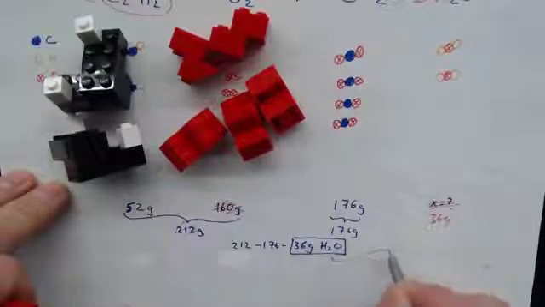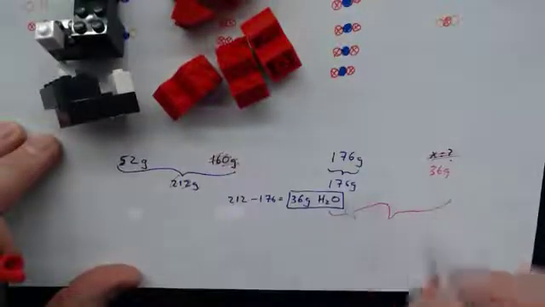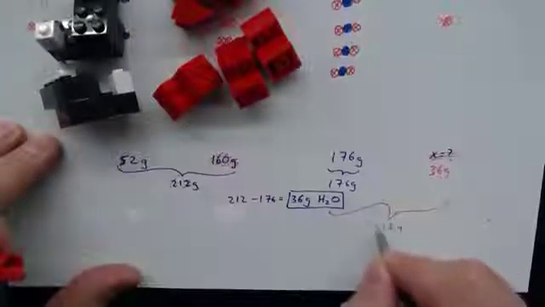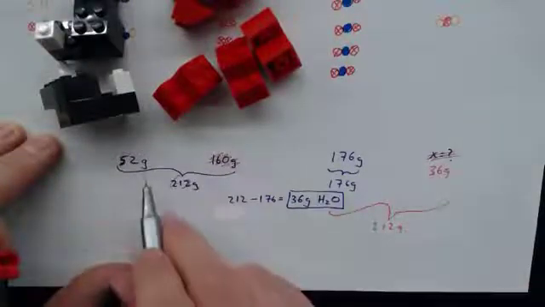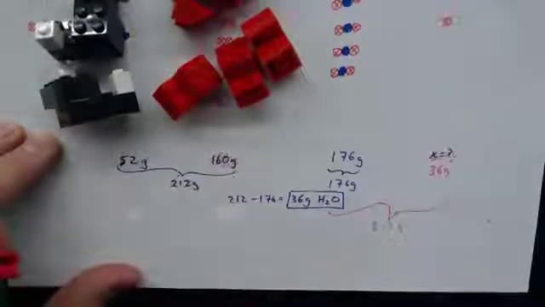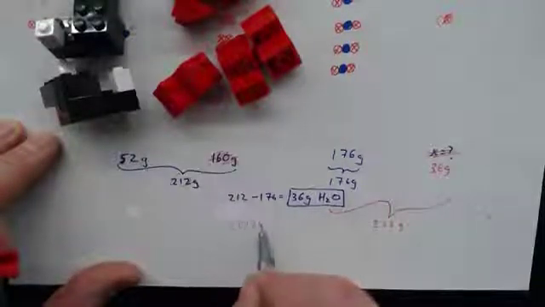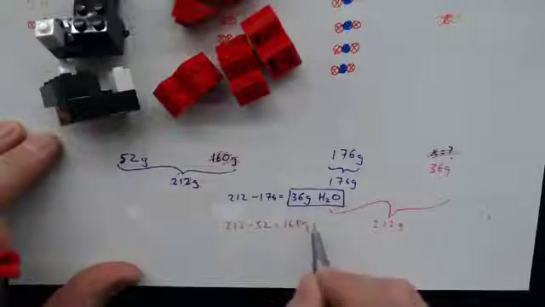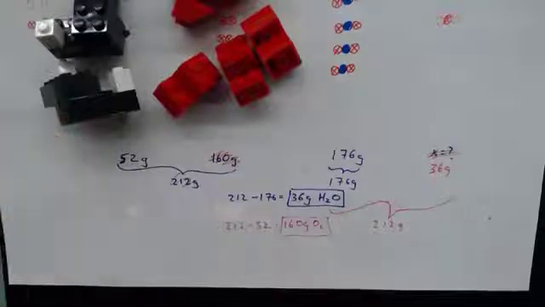You would add these two together. So 176 plus 36 is 212. And then I have 52 plus something must equal 212. So I would subtract 212 minus 52, and you would hopefully get 160 grams of oxygen. So it's straightforward. Don't overcomplicate it.